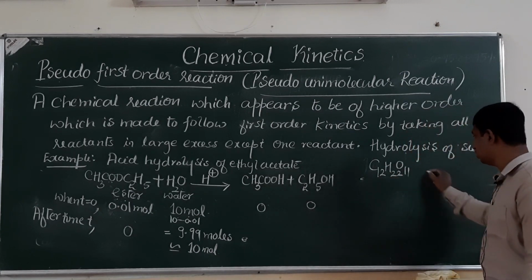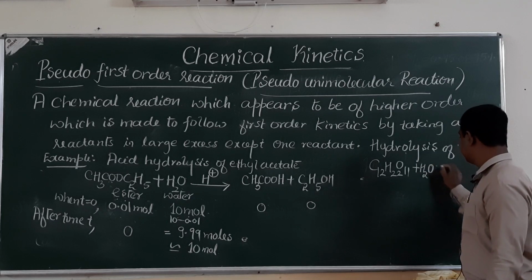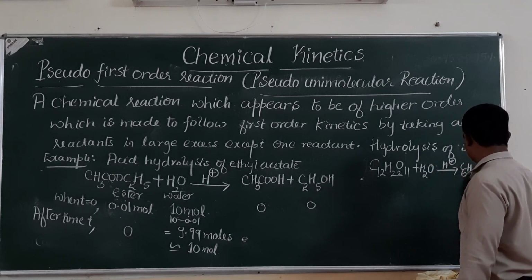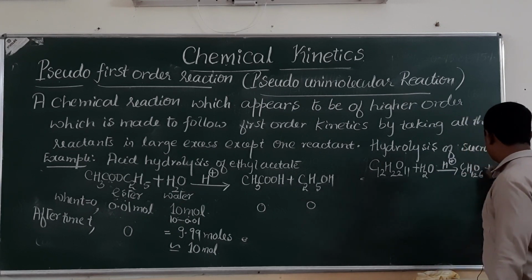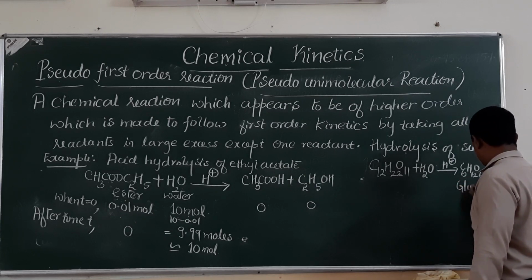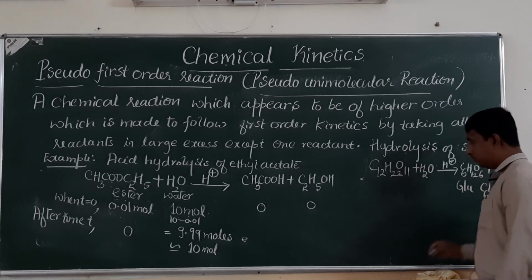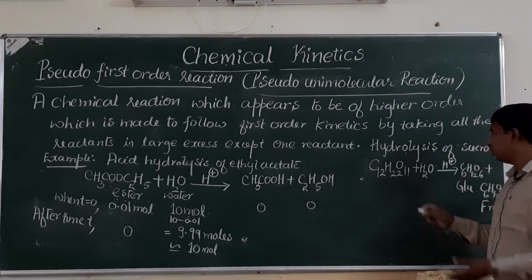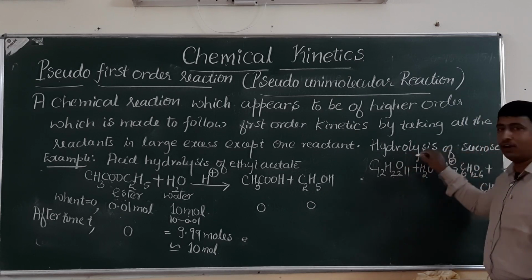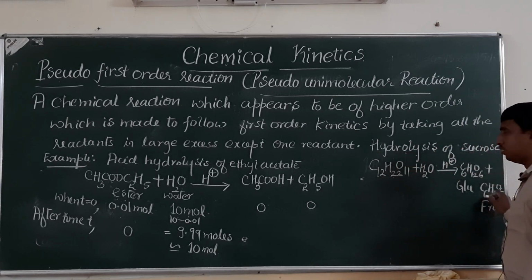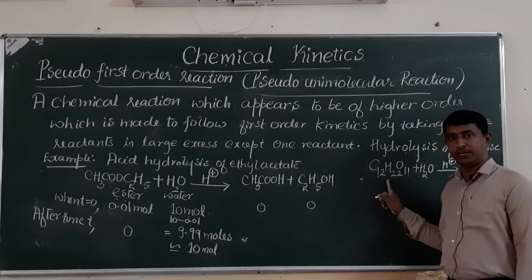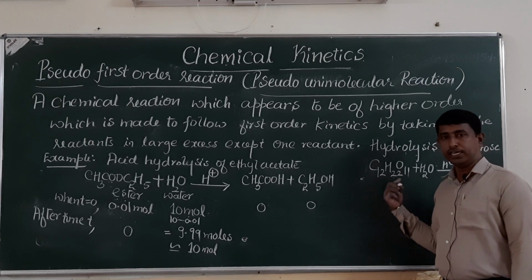Upon acid hydrolysis, it produces C6H12O6 plus C6H12O6. This is glucose, this is fructose. So hydrolysis of cane sugar, or hydrolysis of sucrose, gives glucose and fructose. Here also sucrose is taken in very less quantity, whereas water is taken in larger quantity.